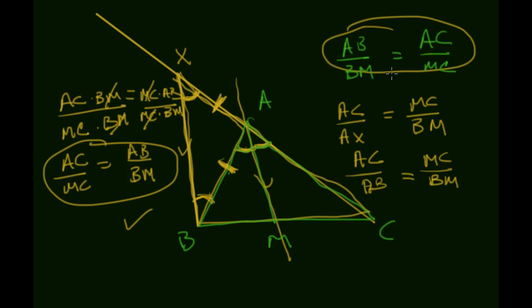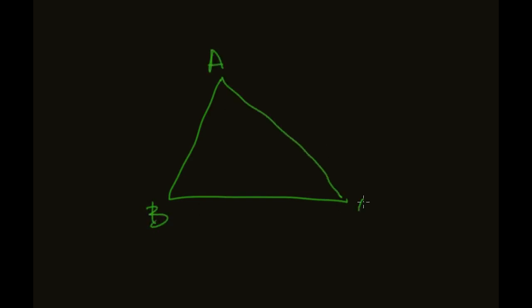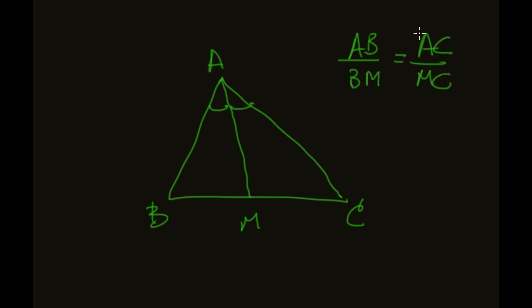So let's recap that one so that we know what the theorem actually says. Okay, so theorem here, remember, I have a triangle, A, B, C, dropped in the angle bisector to M, and I said that AB is to BM as AC is to MC.